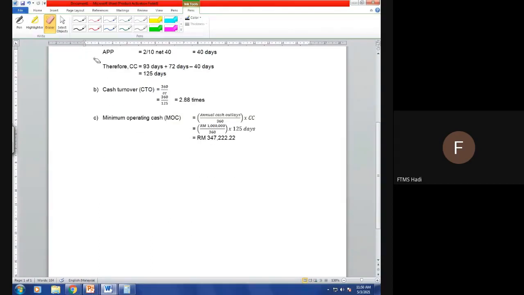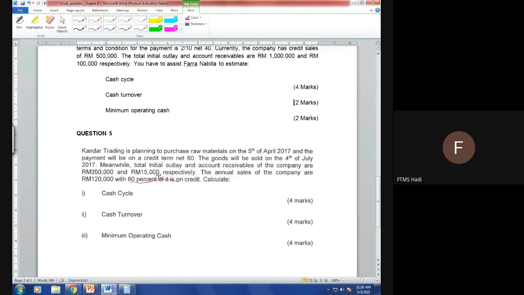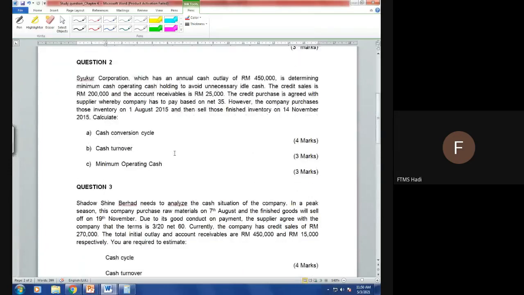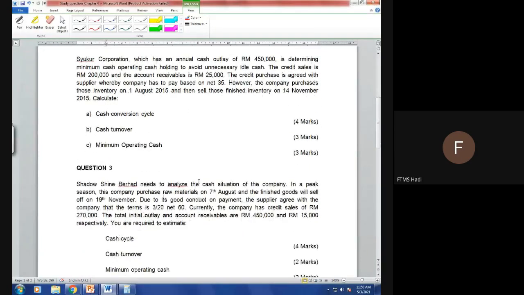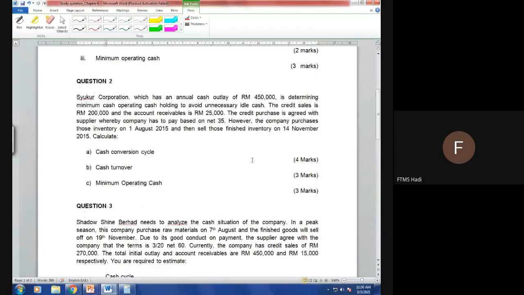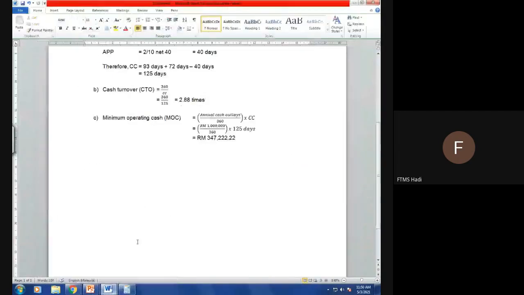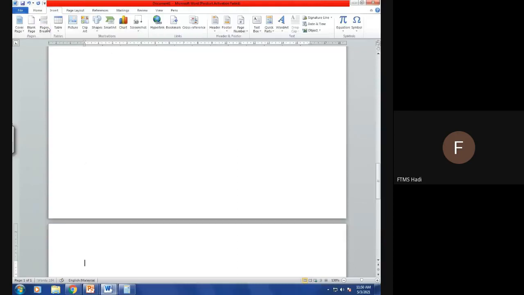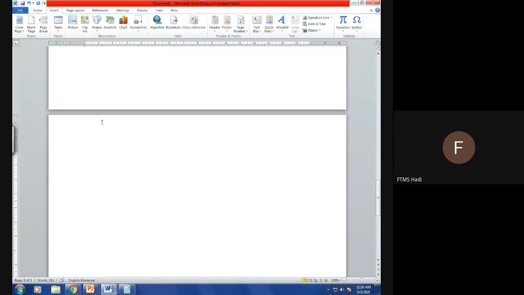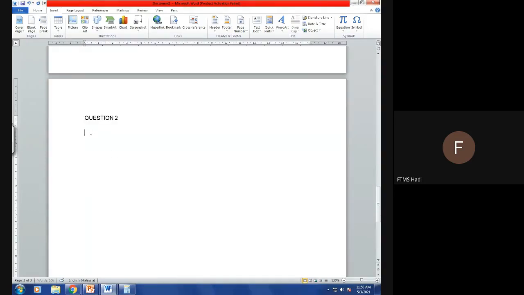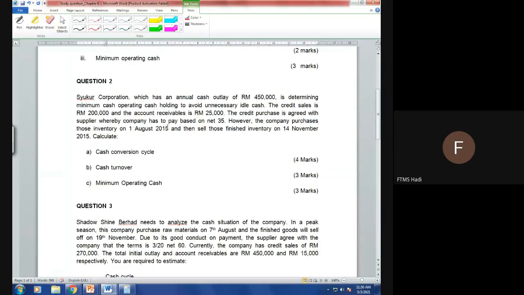Let me demonstrate another question, which is question number 2. Let's have a look at question number 2. What does question 2 say? The Shuko Corporation has an annual cash outlay of 450,000.